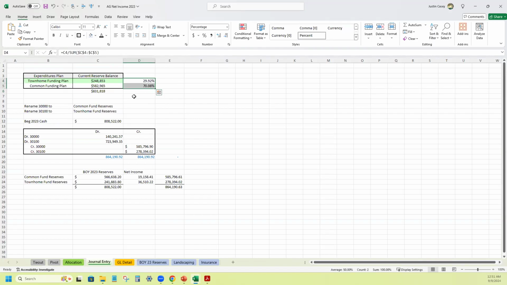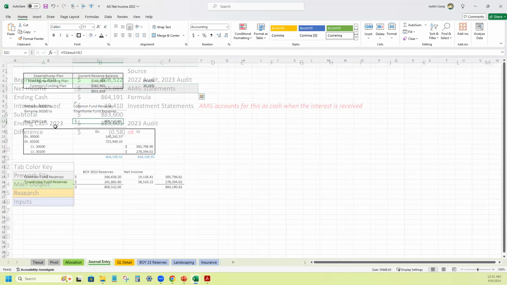So the first thing to do is to take the proportionality of reserves here. As of the reserve study, the proportionality is 0.229 and 0.7008, and multiply that by our beginning cash. Our beginning cash was tied out to the audits.